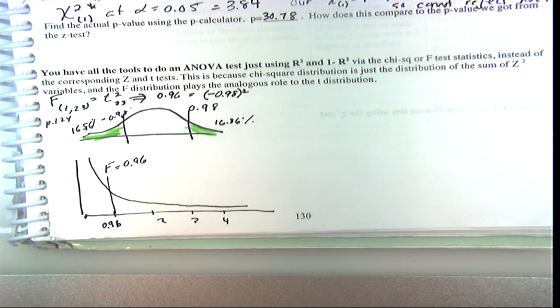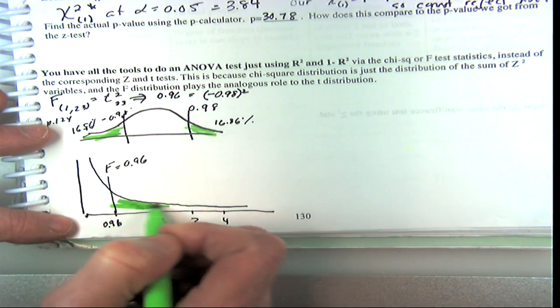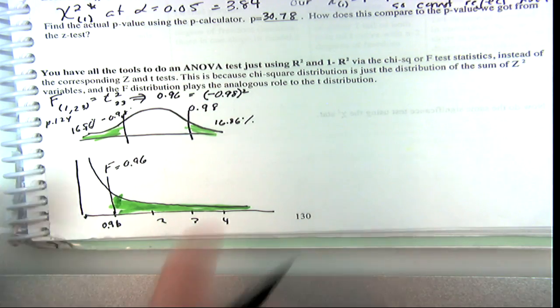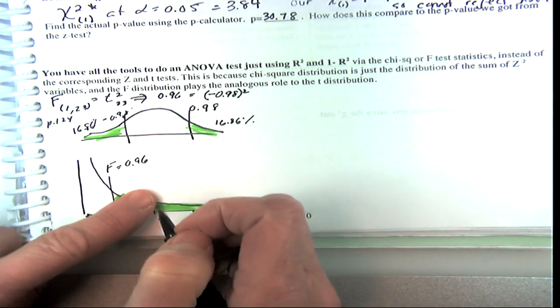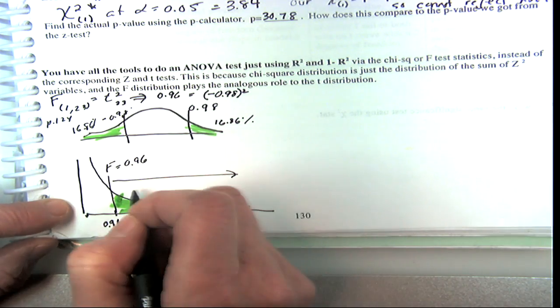And then all this here is twice that. So this is the p-value from all the way here.